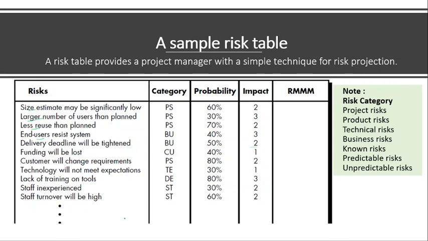Here, for example, the size estimate may be significantly low, maybe a larger number of users than planned, or less reuse than planned, or the end user resists the system.